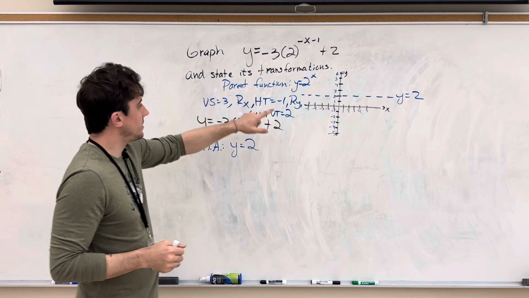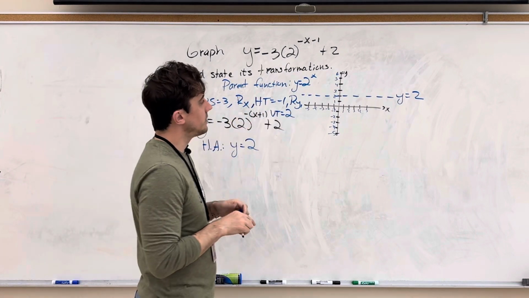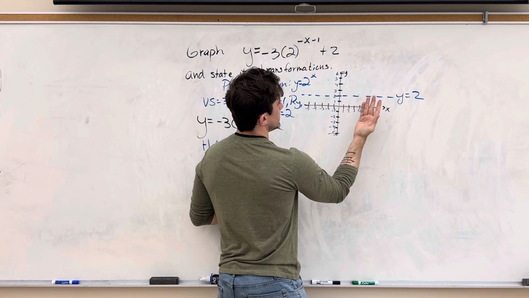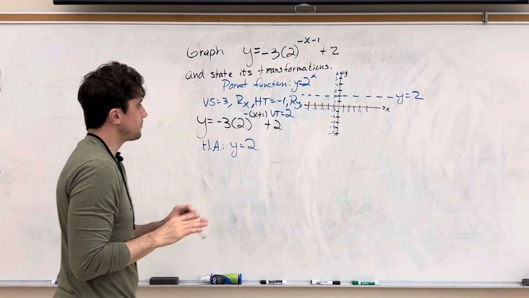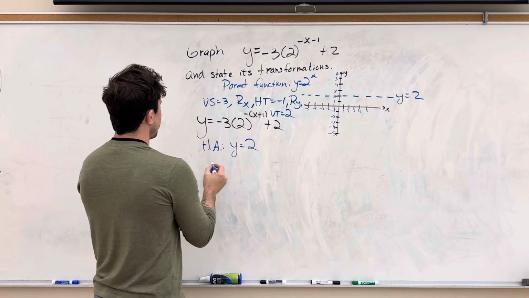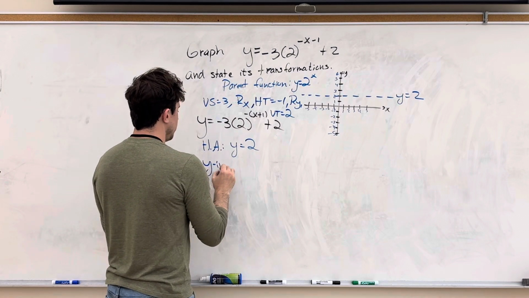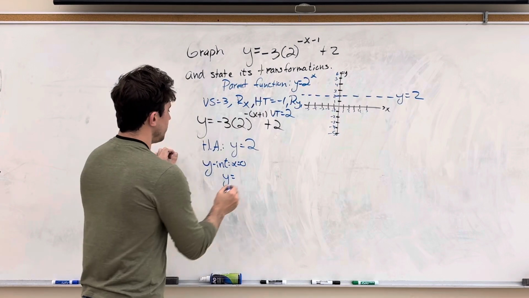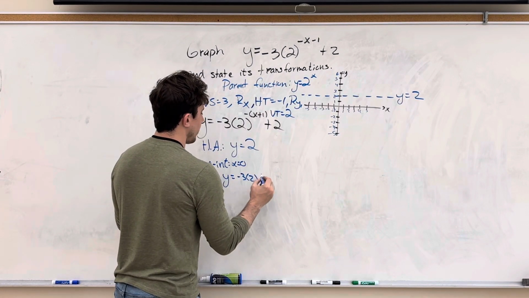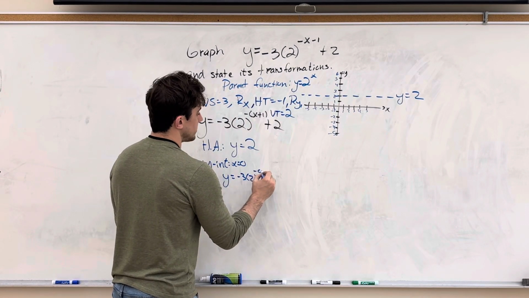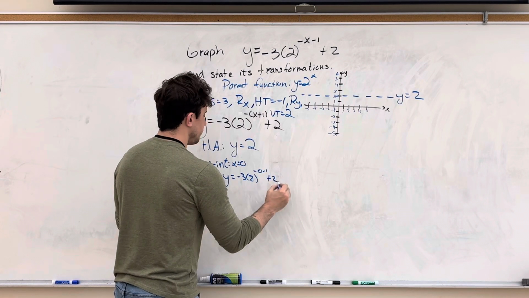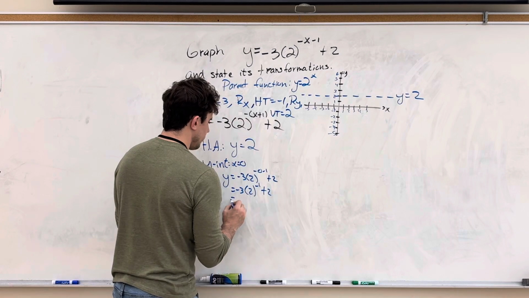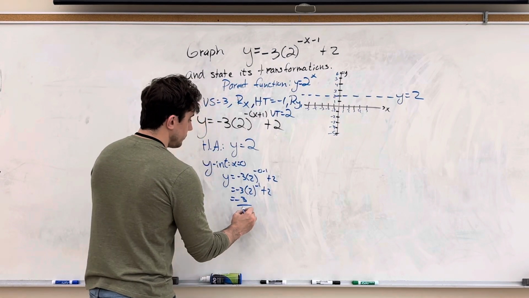This is going to be a reflection in the y and x-axis. So instead of the typical graph that looks like this, it's going to be reflected both ways. So we could start by getting the y-intercept, which means setting x equal to 0, and then y would be negative 3 times 2 to the power of negative 0 minus 1 plus 2, which is negative 3 times 2 to the negative 1 plus 2.